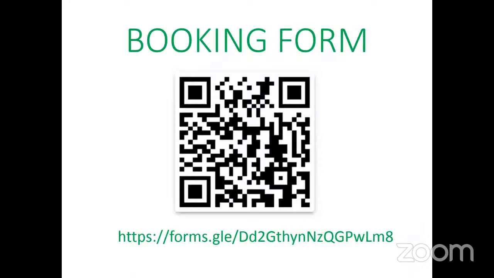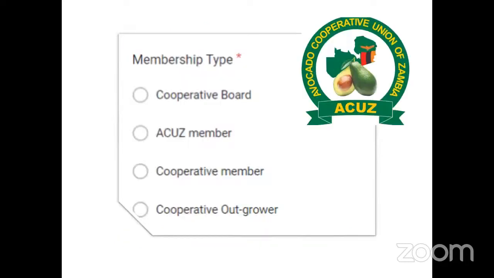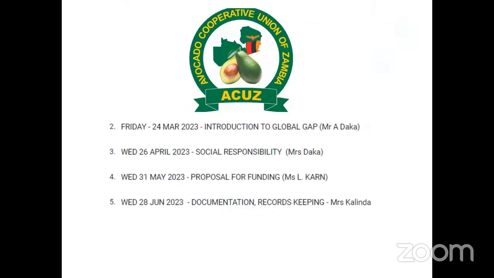If you'd like to book training on the ACUZ training, this is the link. Feel free to screenshot it if you're on the phone, or you can ask your chairman and they'll be able to send you a copy of this. Anybody who is part of ACUZ and is a cooperative member can join the ACUZ training through their chairman. We are running these sessions once a month.